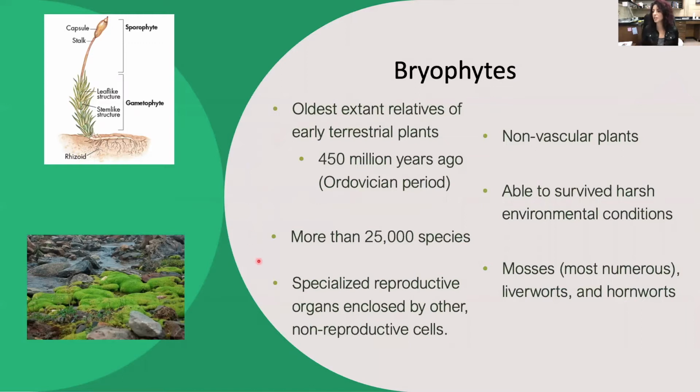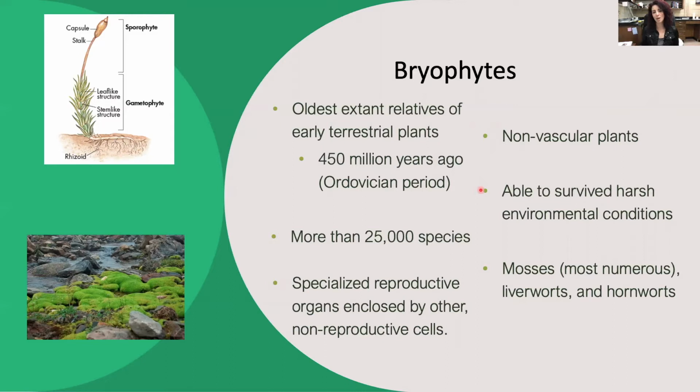They have specialized reproductive organs that are enclosed by other non-reproductive cells, and this is a key characteristic of the bryophytes. Again, they are considered non-vascular plants, and we'll discuss what vascular and non-vascular means in the coming slides.